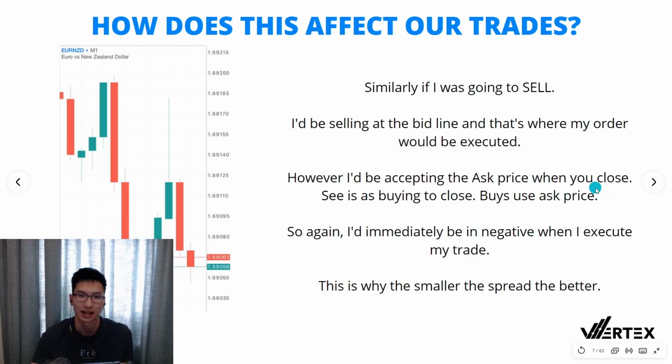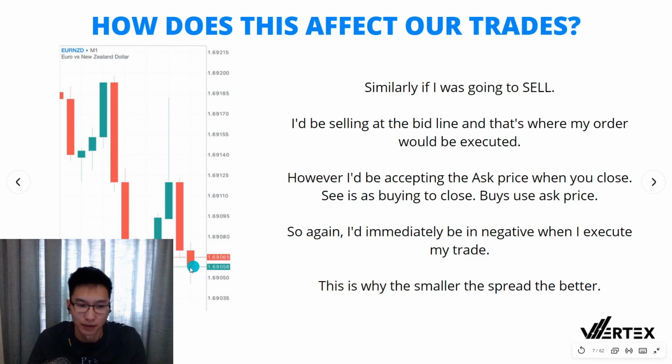Similarly, if I was going to sell, I'd be selling at the bid line where my order would be executed. However, I'd be accepting the ask price when I close. See this as buying to close. Buys use ask price, as we said in the general rule of thumb. Buys use ask, sells use bid.